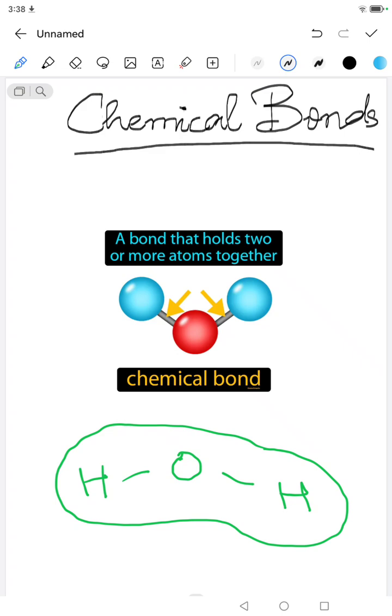So now we will move on towards what are ionic bonds and covalent bonds. Bonds are actually divided into two categories. However, we have more than two categories, but up to this grade, we are just focusing on the main two, the ionic bonds and the covalent bonds.